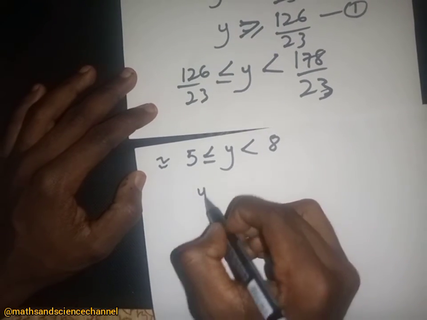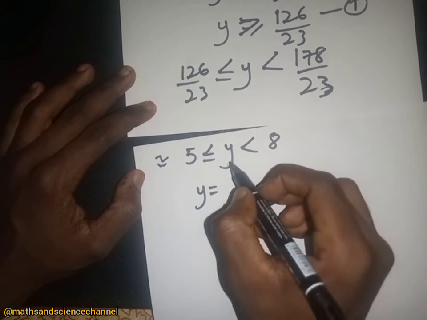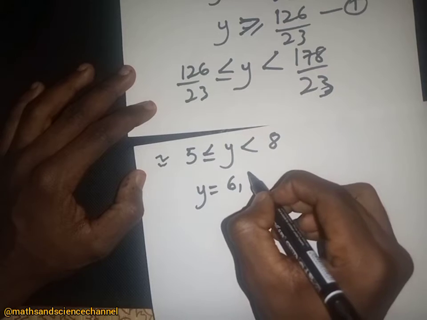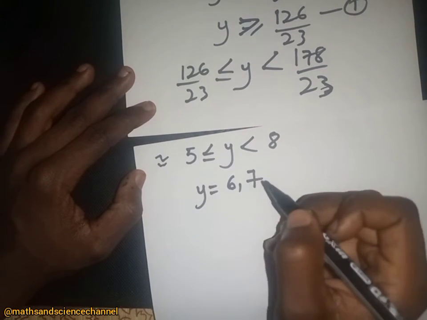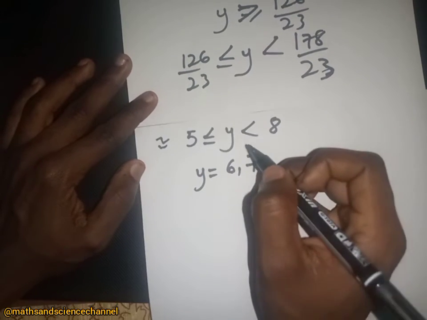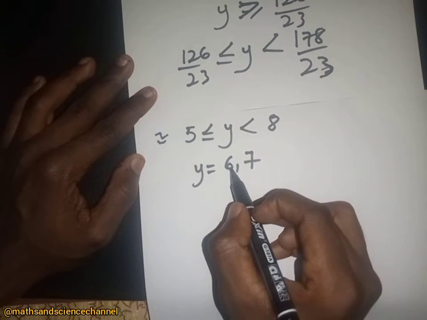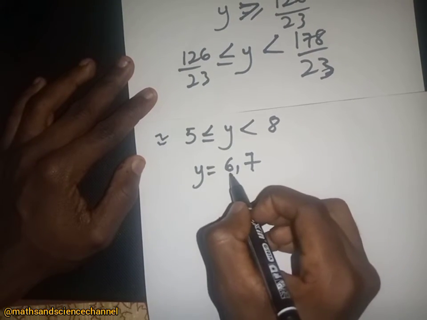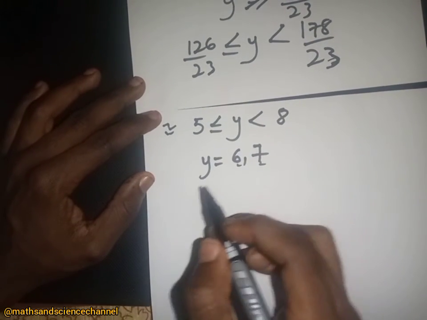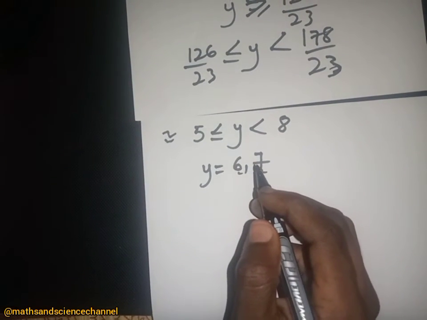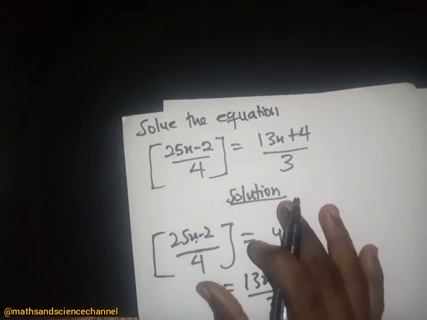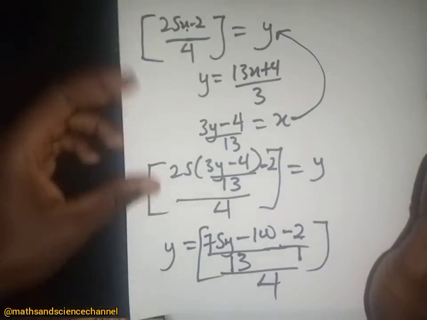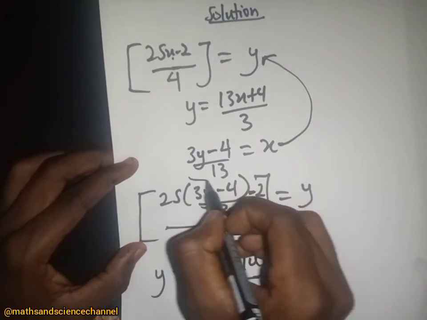So therefore we can write the range of values for y. It should be 5, 6 and then 7. So we are taking 6 and then 7. Now remember from the beginning we assumed that x should be equal to this formula over here.